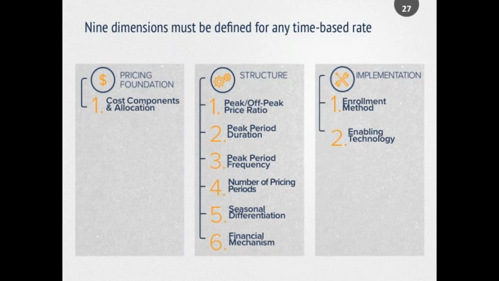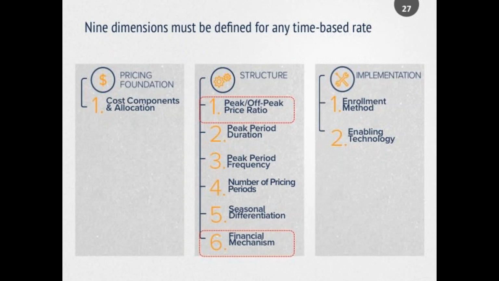But apart from that, there's also peak period duration, which affects how well customers are able to move their consumption from one pricing period to the other. Peak period frequency, which could be daily for basic TOU rates or restricted to a certain number of days for modified time-based rates. And financial mechanism, which speaks to the incentive or disincentive that customers are offered depending on the value of their usage at a certain point in time.